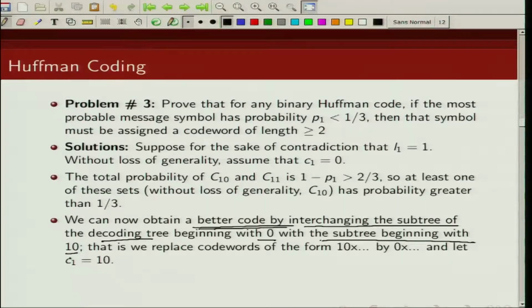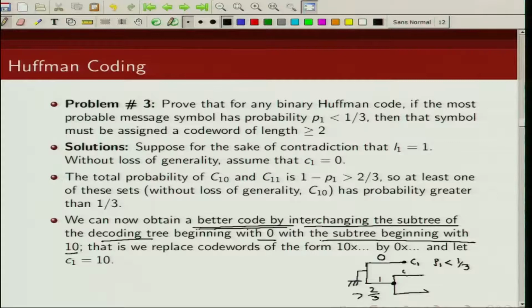Now what are we saying? We have a situation like this. We are saying this is the most likely symbol which has been assigned a code word of length 1, and it has probability P1 less than 1/3. But we just now found out that this particular node should have probability greater than 2/3.